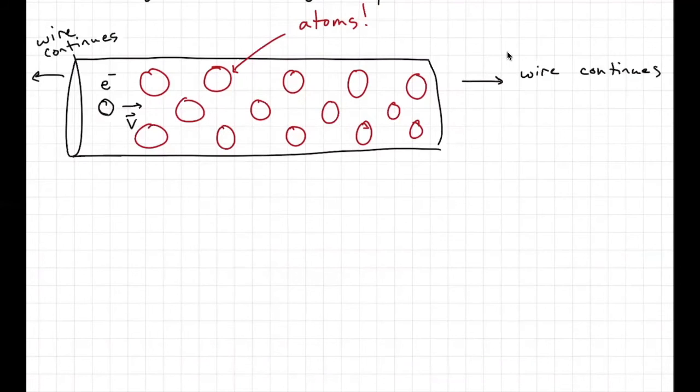So you'd have different atoms mixed in with the copper atoms in the lattice, and the lattice would be vibrating.